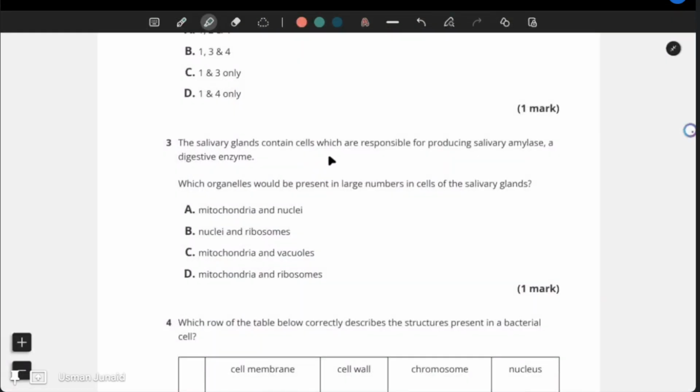Salivary glands contain cells which are responsible for producing salivary amylase, which is a digestive enzyme. Which organelle would be present in large numbers in the cell of salivary glands? Option B, nuclei and ribosomes. नहीं, न्यूक्लियस एक ही होगा ना.